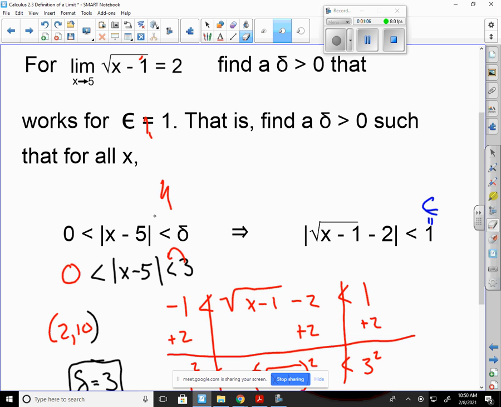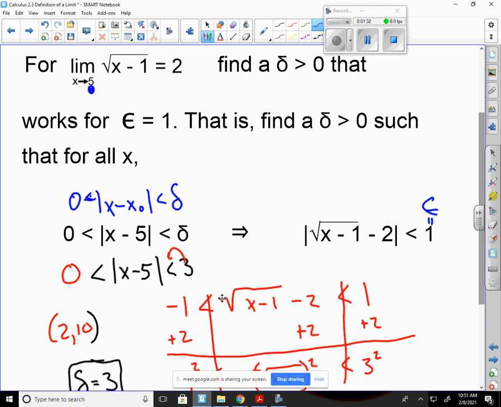So whenever we were trying to find our delta, the formula for that is the absolute value of x minus x naught is less than delta, which is greater than 0. We plugged our x naught of 5 in, which came from here. Then we didn't know any of this.